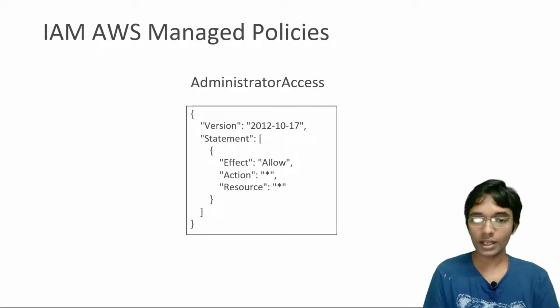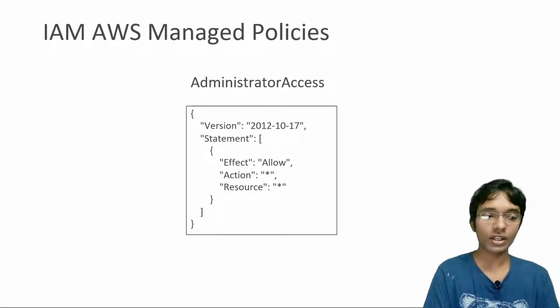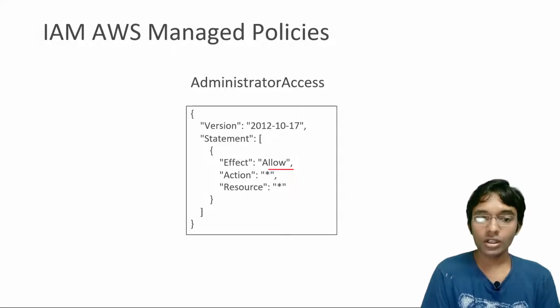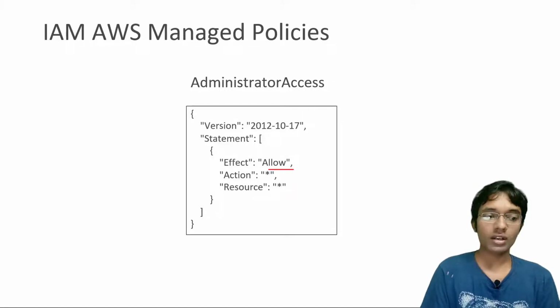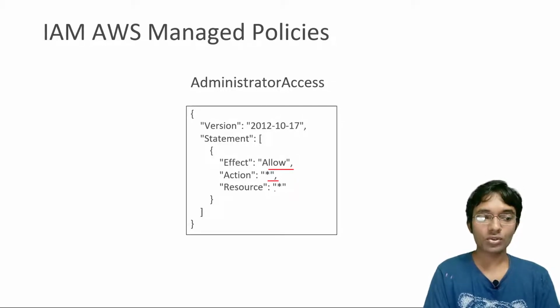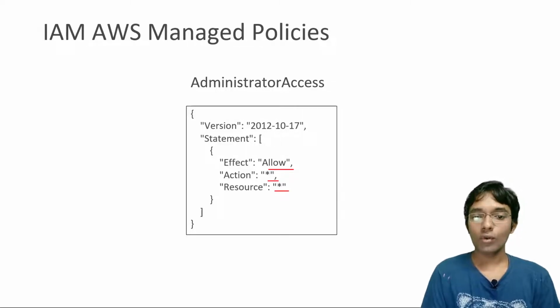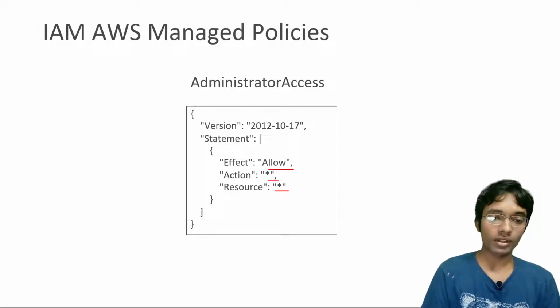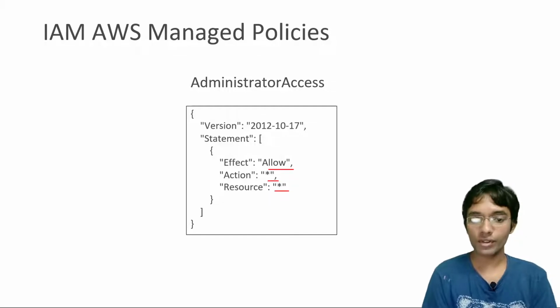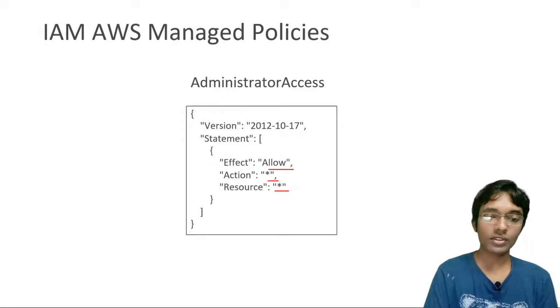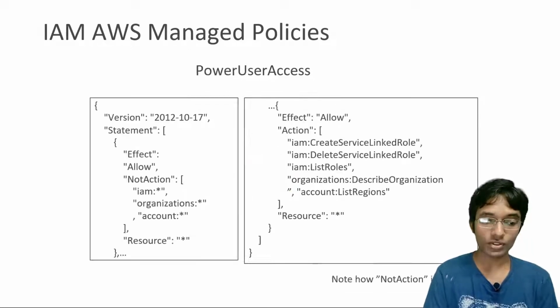But if you add a statement which is allow, action star, resource star, then you will be giving the administrator access, and then everything will be allowed. And because this is something very common for administrators, AWS provides this as a managed policy.